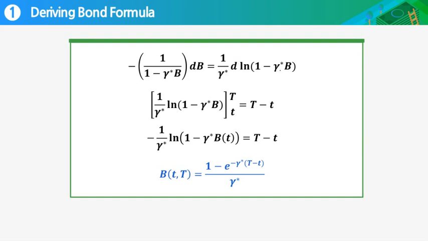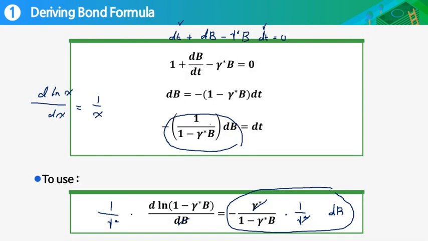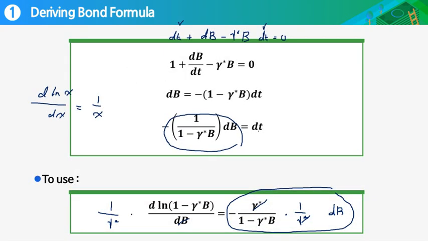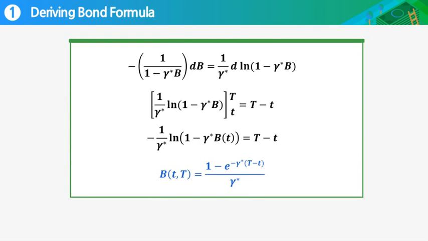Now, because we have this term, we want to integrate both sides, but this term is equal to this one. So we integrate both sides from here to here, and if we integrate this one from big T to small t, it's big T minus small t. And for this one, you integrate from big T to small t, then you have this one.